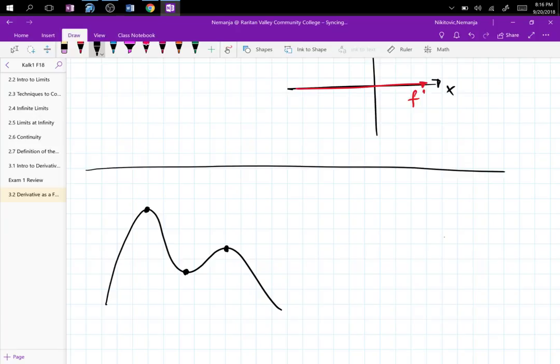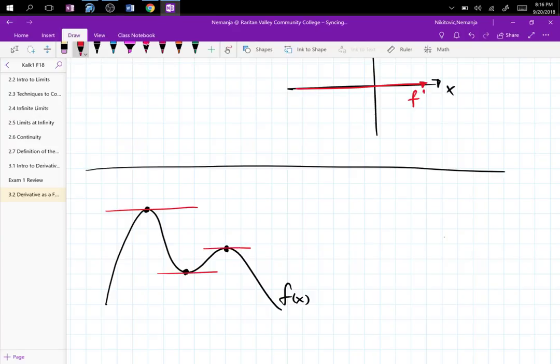What is the tangent line at this point? The tangent line measures the slope, right? Which is the slope of the function. So what is happening at these lines? They are horizontal, right? We have a horizontal tangent line. So this is a horizontal tangent line, another horizontal tangent line.